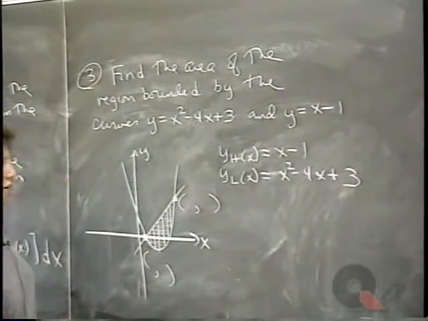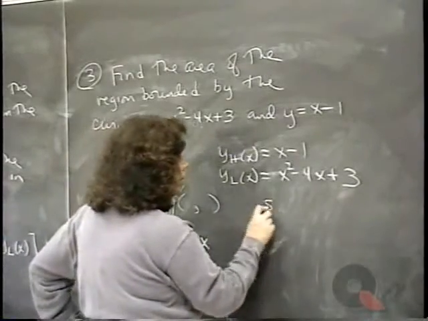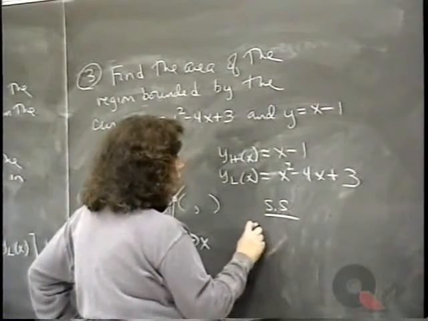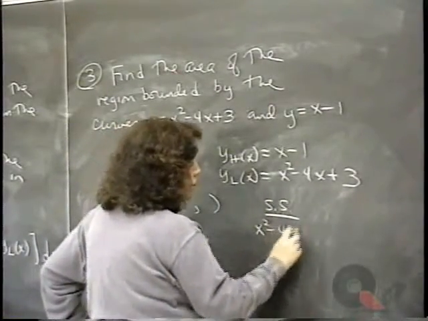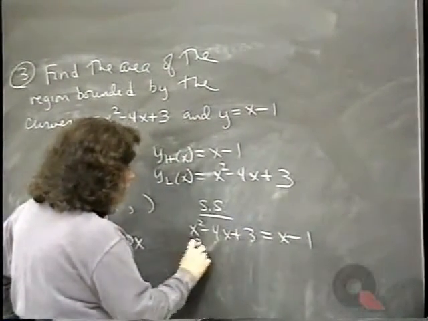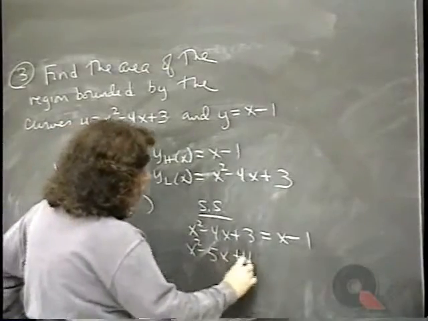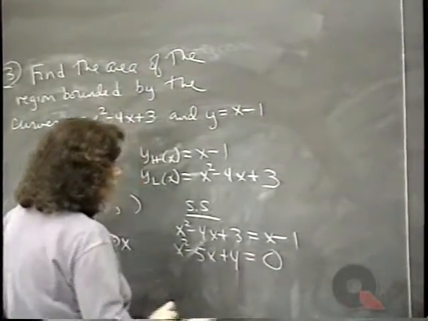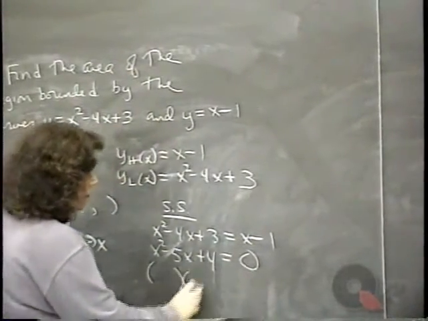It is not hard to solve simultaneously here. Setting x squared minus 4x plus 3 equal to x minus 1, bringing everything over to one side: x squared minus 5x plus 4 is 0.